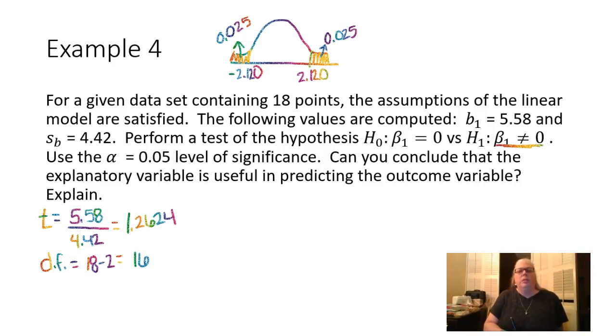And the answer is no, it actually lies back here between negative 2.120 and positive 2.120. This is where our 1.2624 belongs. Okay, so since our test statistic falls in the unshaded area, we will not reject the null hypothesis.